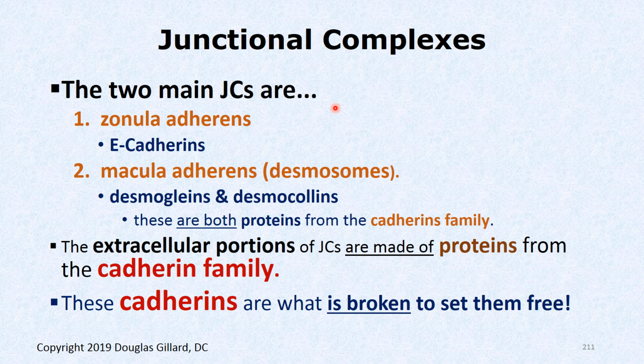They stop things from sneaking between the epithelial cells. They're the ones that are toward the apical region of a cell. Those aren't what we're talking about here. Those will pull apart no problem. They don't hook to the cytoskeleton like these guys: the zonula adherens and the macula adherens. Those are the big ones. Those are also called desmosomes. So these are made of cadherins, as we'll see here in a second.